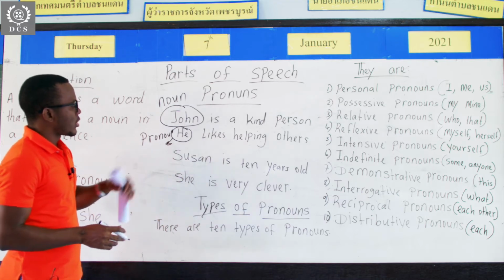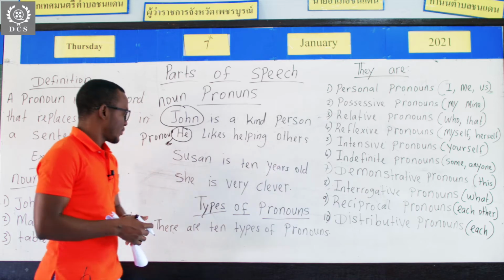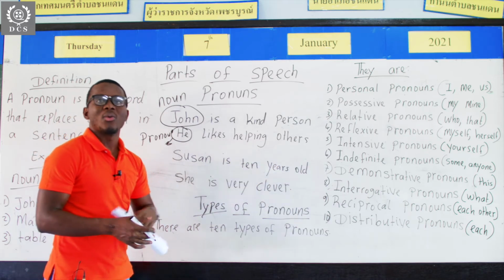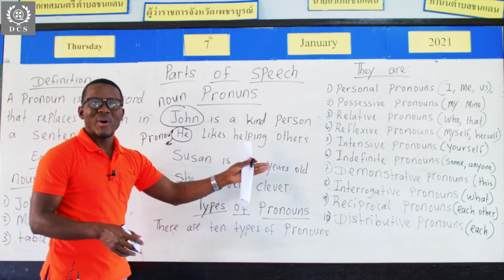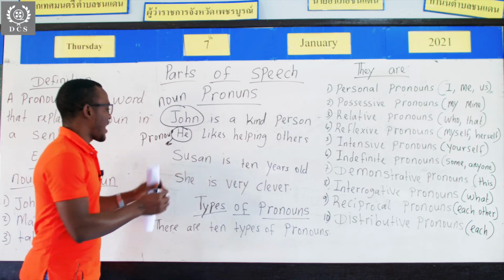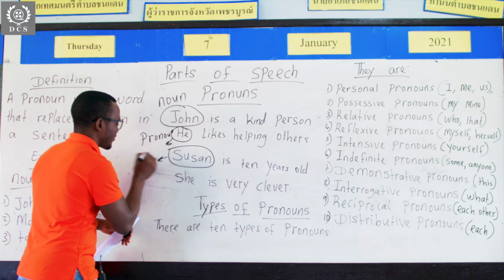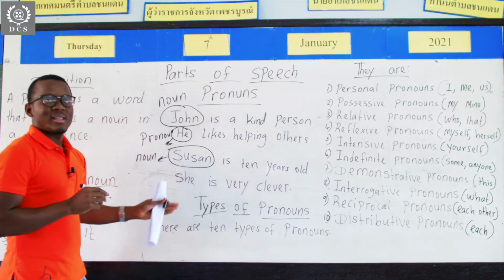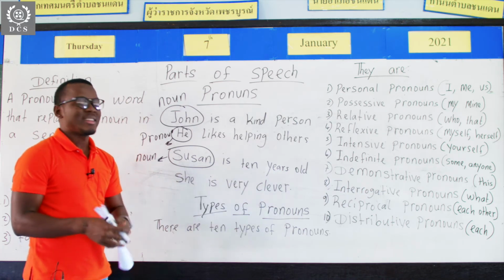Look at the second one. Susan is 10 years old. Susan is a noun. She is very clever.